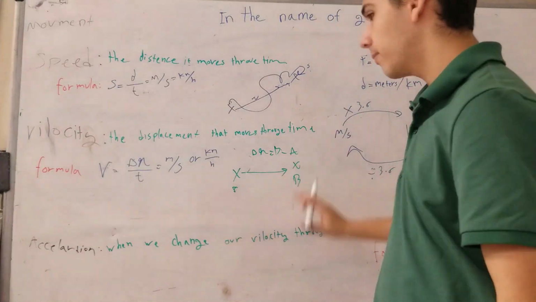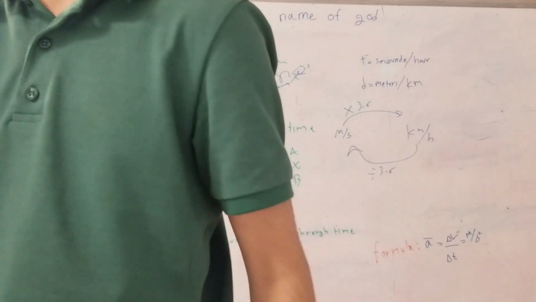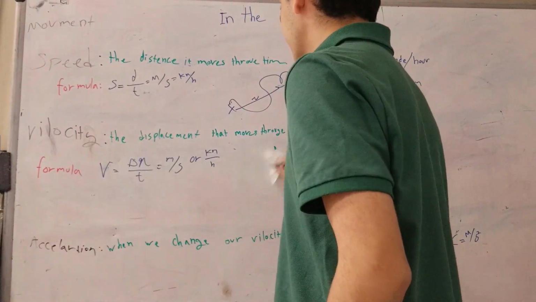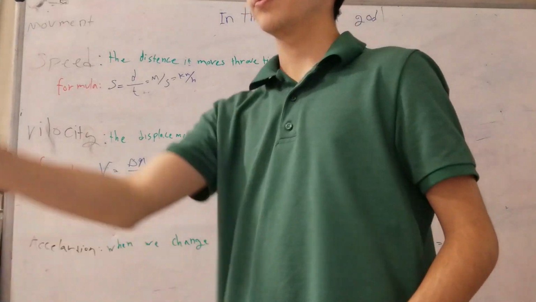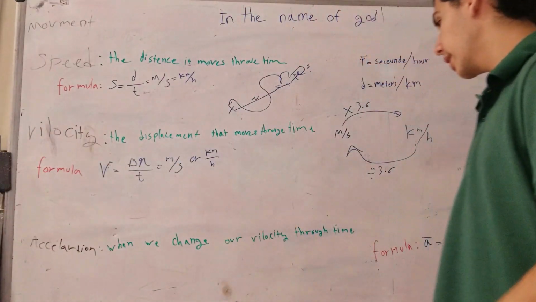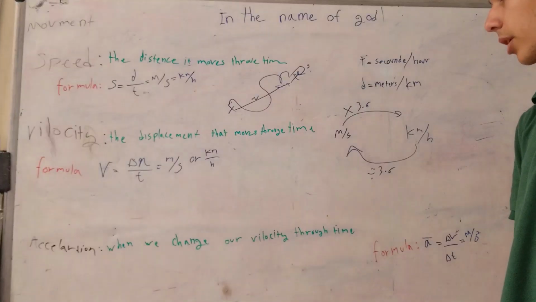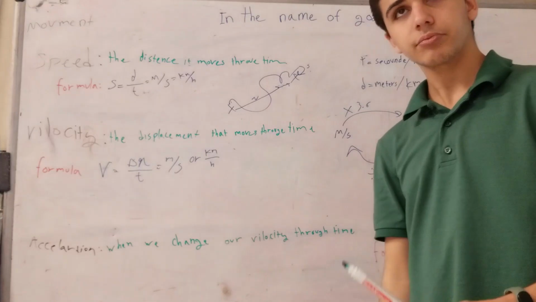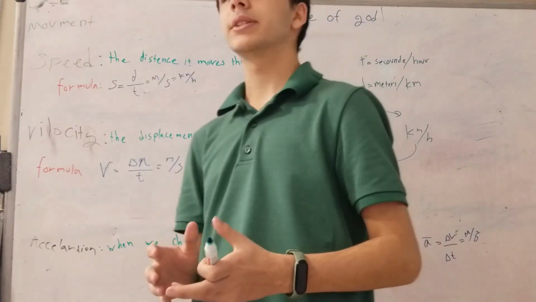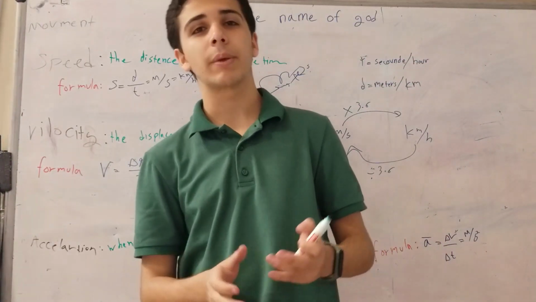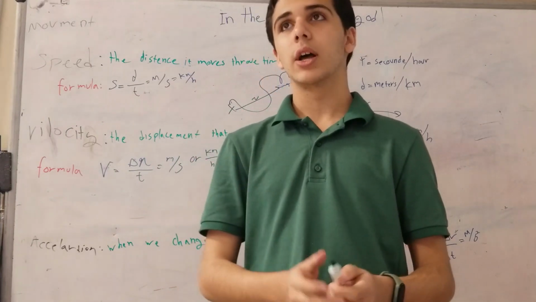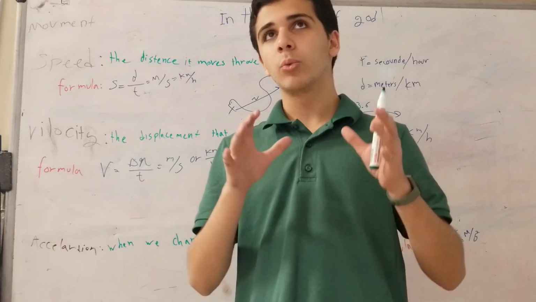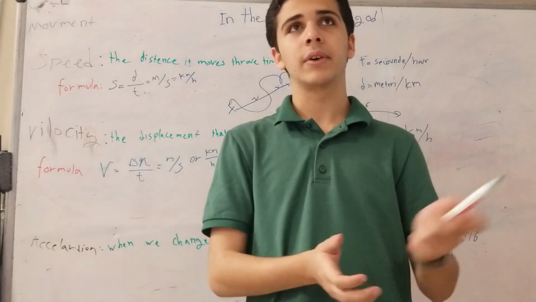Now for the final part of this lesson, we're going to talk about acceleration. Acceleration is a really tough one. Acceleration happens, like most of the time when we go from one city to another, when we change our velocity through time.